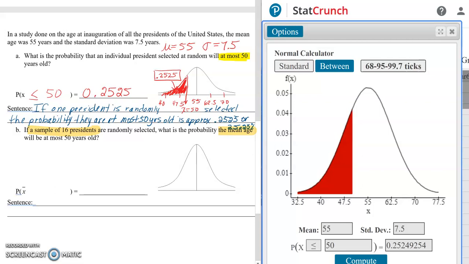Since 16 presidents are randomly selected instead of 1, we're going to use what's called the central limit theorem.